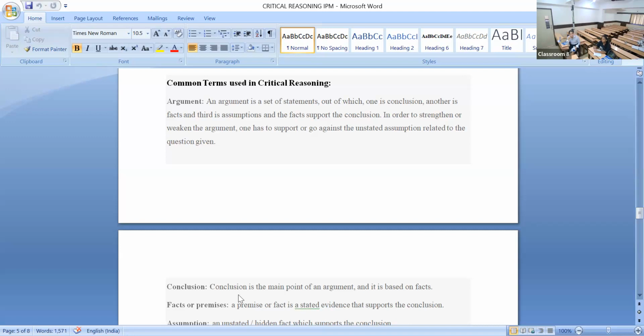Agrima? Yes, ma'am. Agrima, do you have a PDF with you? The PDF, yes, but I'm using the hard copy, the book. Can you send it on email or something? Is it possible? Yeah, sure.